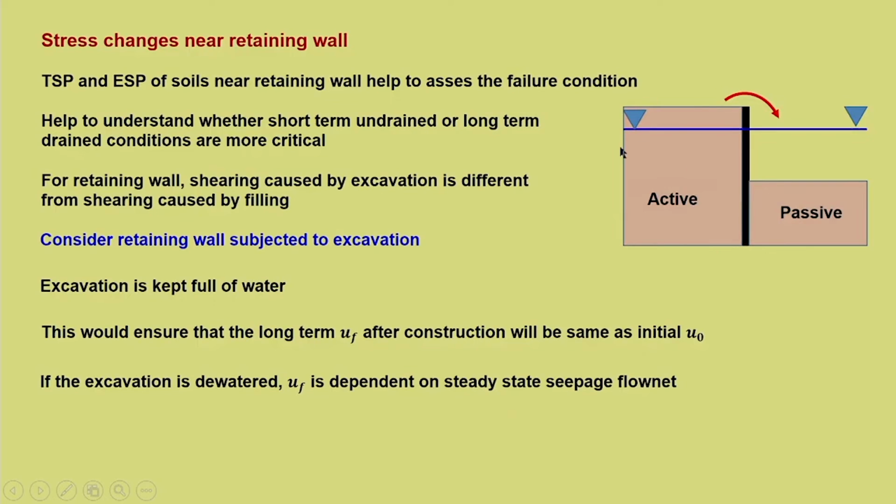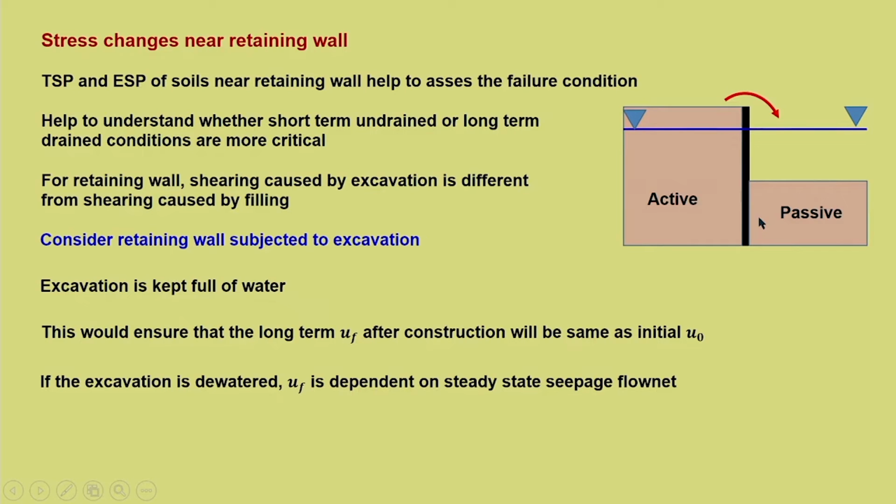But what is the implication of that? If the water is drained out, then the equilibrium pore water pressure is dependent on the steady state seepage flow net. We have already seen what happens if water is pumped out: there will be seepage from the higher water level to the lower water level, governed by the flow net under this structure.